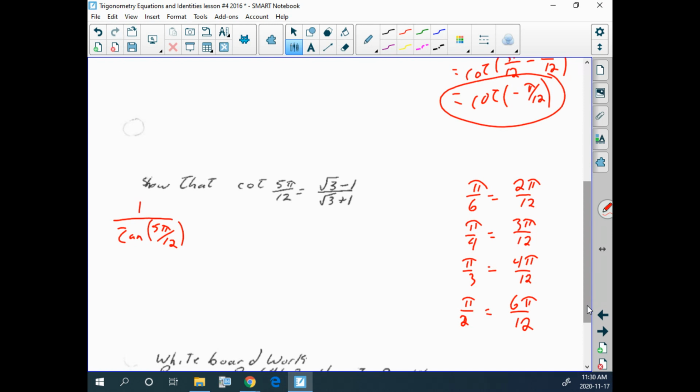The angles that we know are 0, which isn't going to help us, pi over 6, pi over 4, pi over 3, and pi over 2. And we know there are continuations and other ones, but how am I going to get 5 pi over 12 by either adding or subtracting some of those angles?